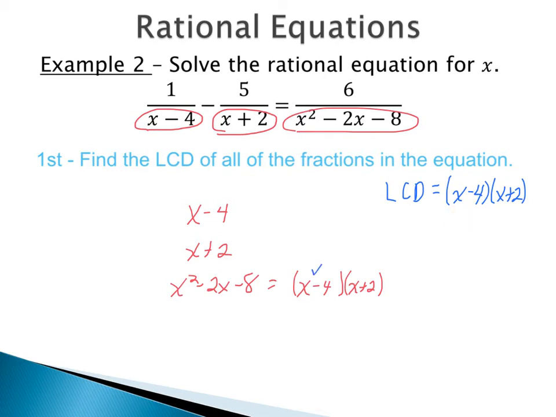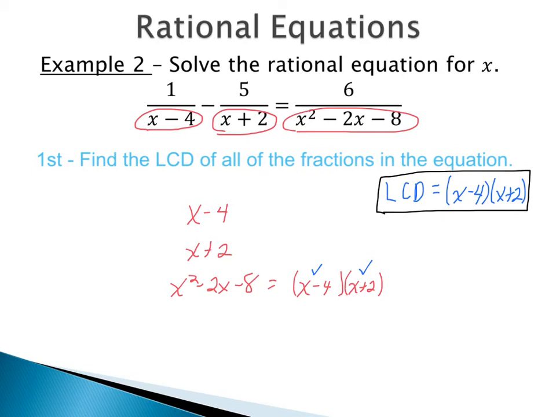I don't need to multiply it in. Same thing, the next part of that factored form would be x plus 2. The question would be, do I have an x plus 2 already multiplied in with my lowest common denominator? I already do, so this is taken care of, which means that your lowest common denominator of all three fractions is x minus 4, x plus 2.